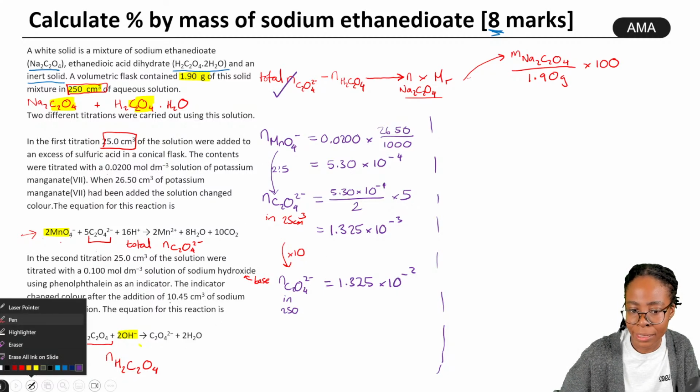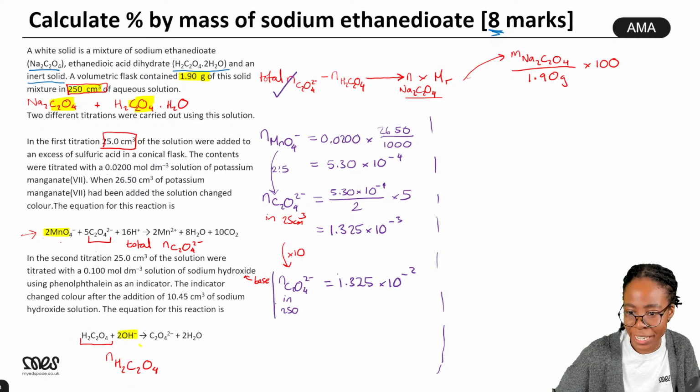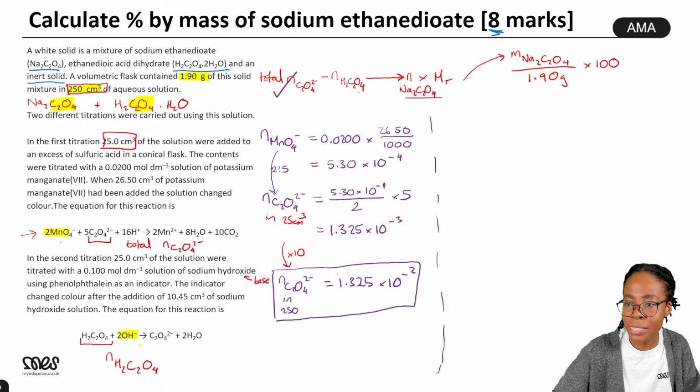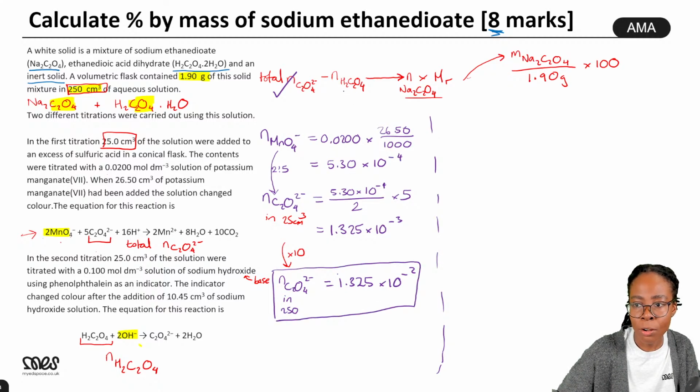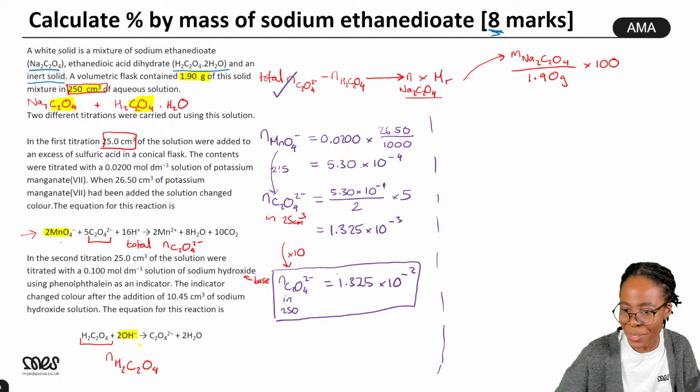So we're going to bank this and save it for later, because now we need to use our second titration to figure out the moles of our ethanedioic acid. Okay, so first, no problem, Liam. So first, we'll find our moles of hydroxide.